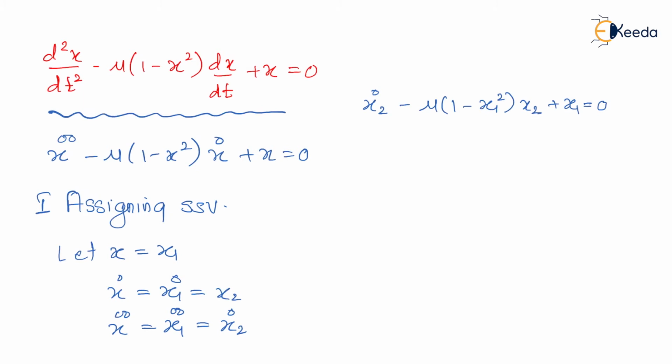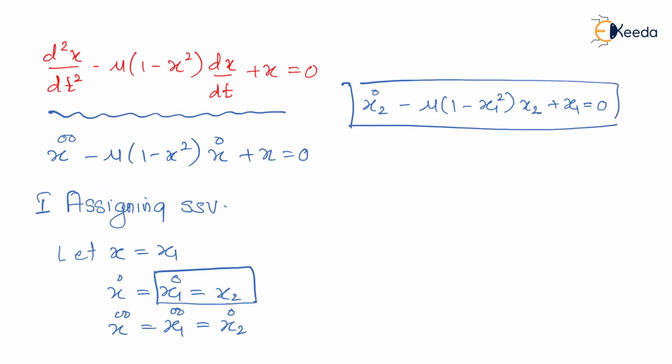Now let us take two important expressions: x1 dot and x2 dot. I will write x1 dot is equal to x2 and x2 dot is equal to minus of x1 plus mu, the whole with 1 minus x1 square, the whole with x2.